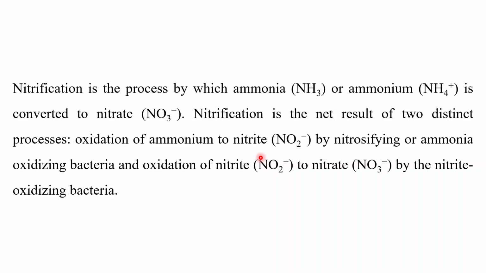In the first step of nitrification, oxidation of ammonia into nitrite occurs by nitrosifying or ammonia oxidizing bacteria, and then in the next step nitrites are converted into nitrates by oxidation again by nitrite oxidizing bacteria.